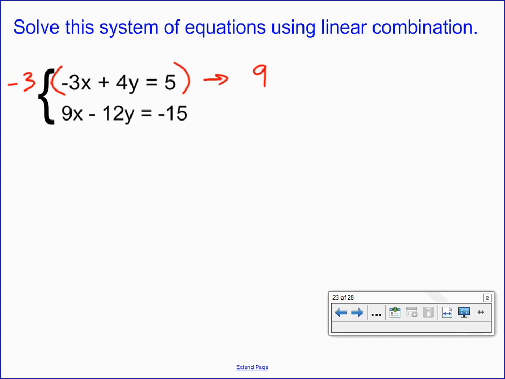That gives me positive 9x minus 12y equals, I don't want -3. I want positive 3, don't we? I want to make exact opposites. So that would be negative 9x plus 12y equals 15. The second equation as is, leave it alone. 9x minus 12y equals negative 15.